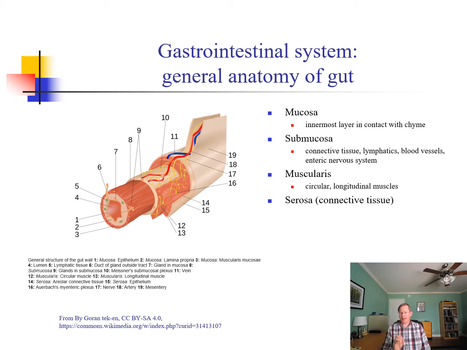But once I get down to the lower two-thirds of the esophagus all the way to the end of the gastrointestinal tract, that is under smooth muscle control. And smooth muscle has a very specific kind of way in which it operates that we'll talk about in a minute.